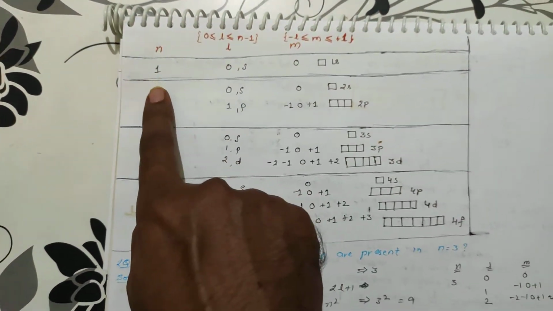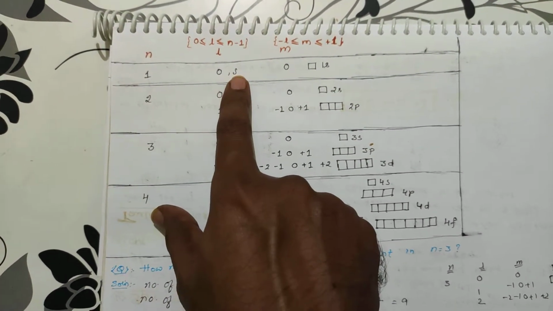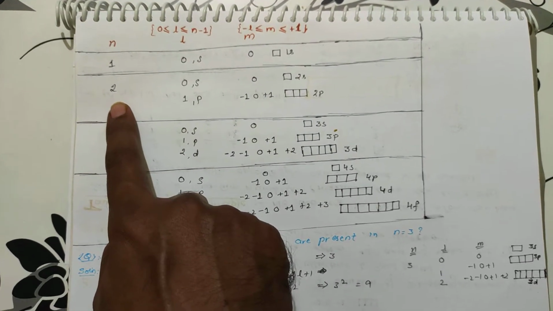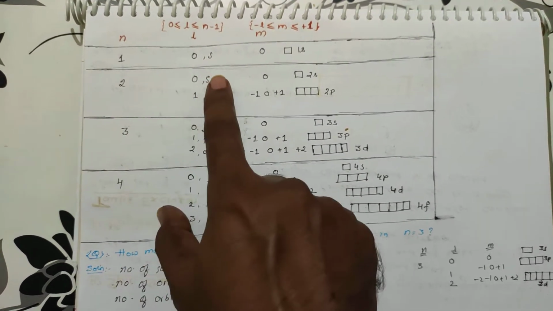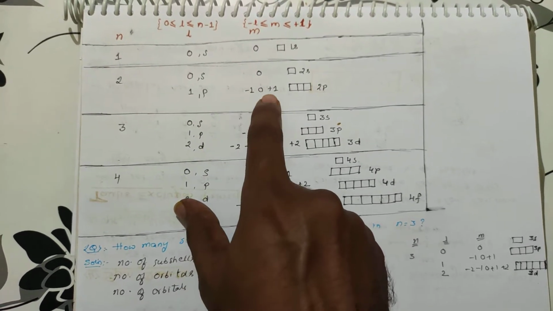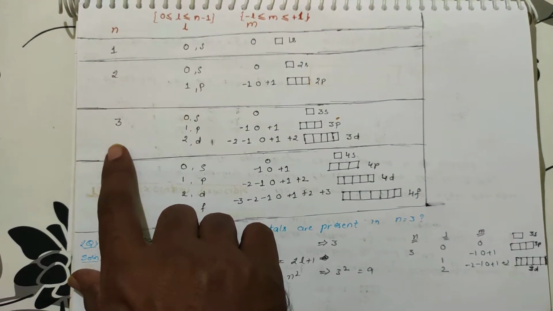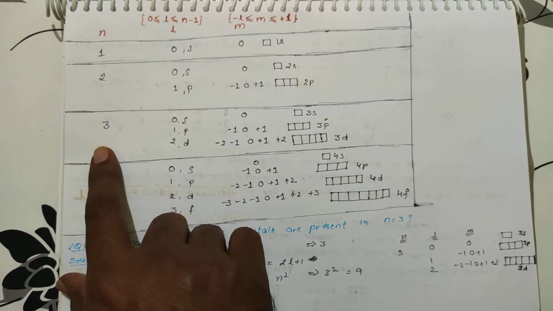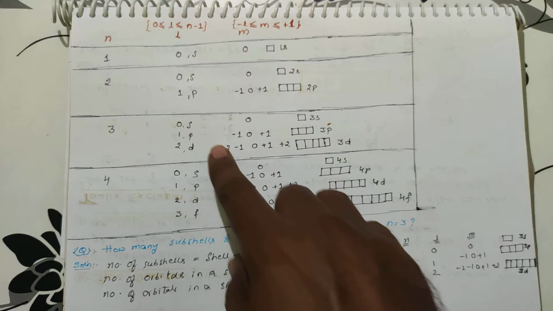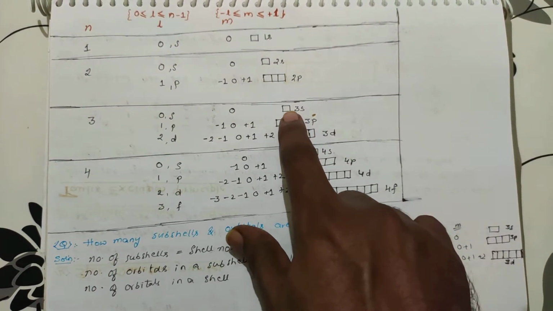Clear? This is the first shell, this is the first subshell, with 1 orbital. This is the second shell. How many subshells are there? 2 subshells. How many orbitals? 3 plus 1, 4. If I go for the third shell, the number of subshells is 3. Number of orbitals: 5, 6, 7, 8, 9.